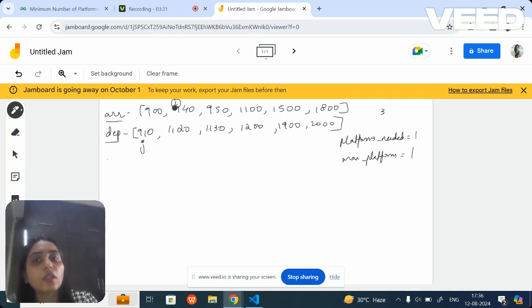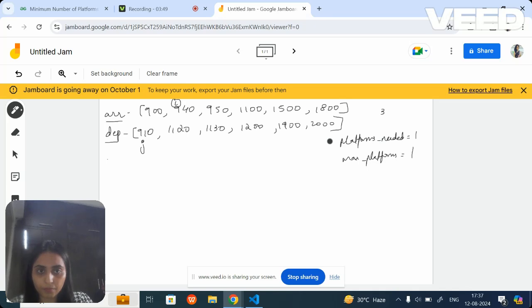So we are going to compare the next arrival of the train and the departure of the previous train, so that based on these two values we can identify whether we need any platform or not.